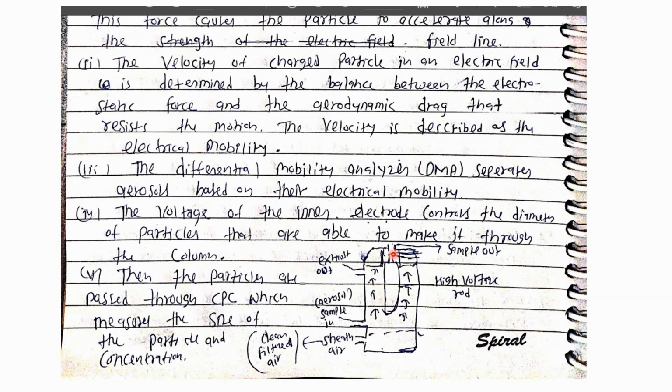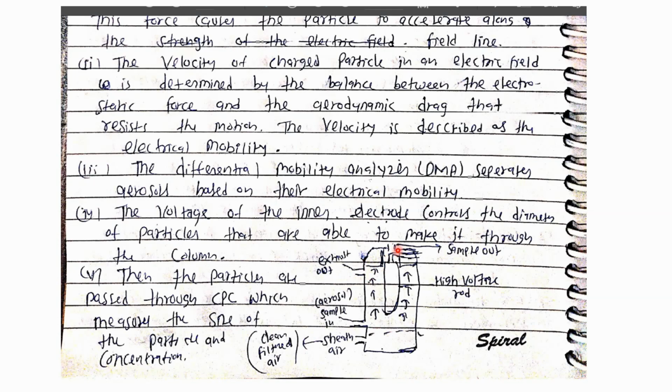For example, this opening could be of minute dimensions, like 2 nanometers. In that case, only particles having a size of 2 nanometers will be able to pass through this opening, and the remaining particles will be exhausted out. That's how the smaller size of the particle is measured. After this opening, it is connected with the CPC, wherein the size of the particle is calculated with the help of an MCU. So that's how a typical DMA works.